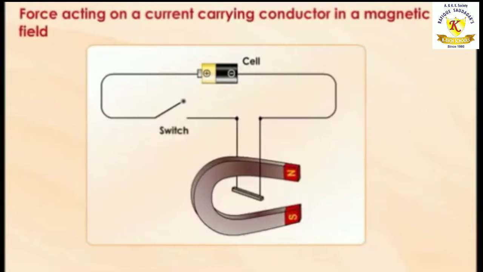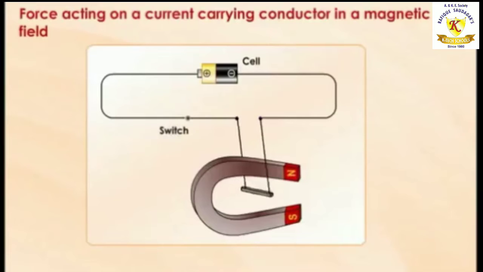So, what he says, a conductor carrying an electric current has a magnetic field around it. This magnetic field and the magnetic field of the horseshoe magnet affect each other. It is the same as bringing two magnets close to each other.